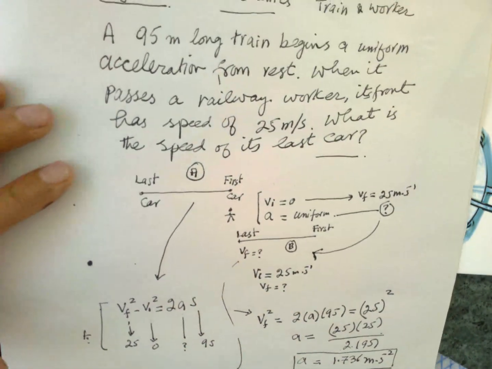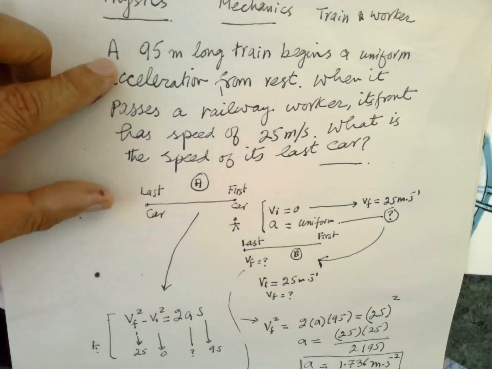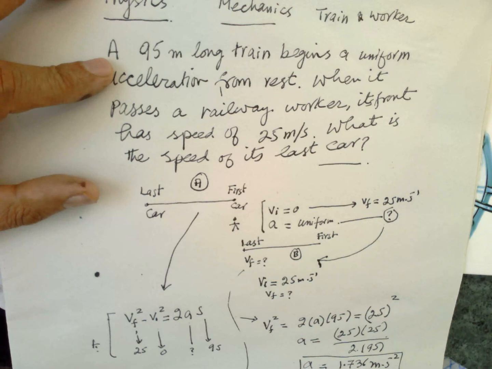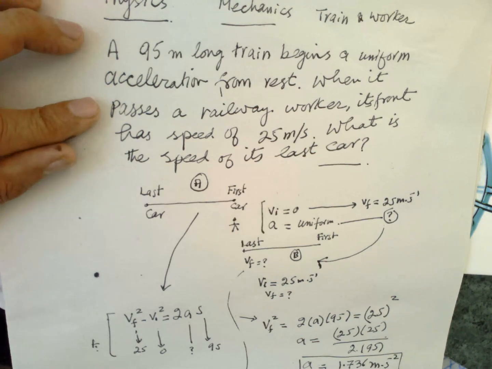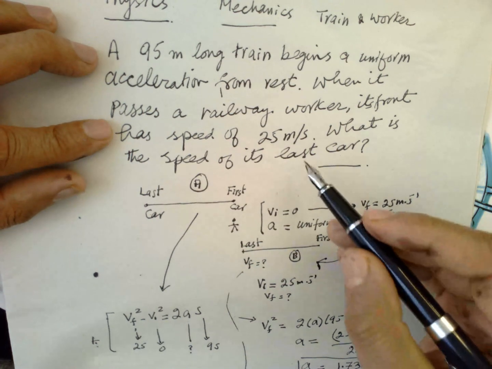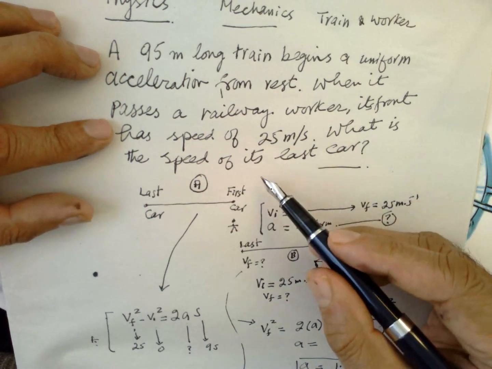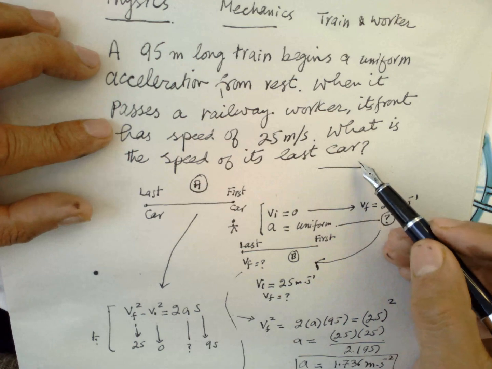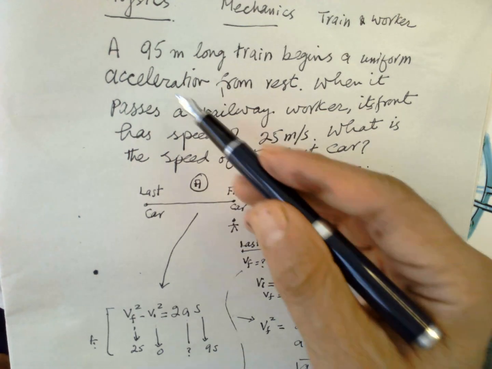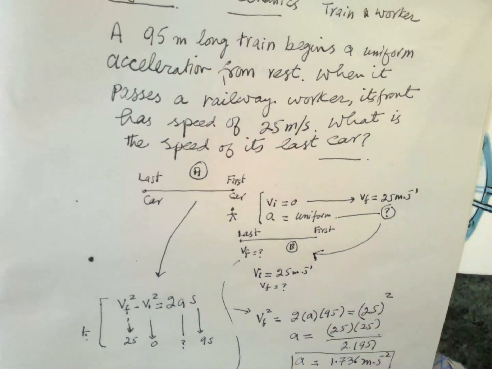The question states a 95-meter long train begins a uniform acceleration from rest. When it passes a railway worker, its front has a speed of 25 meters per second. What is the speed of its last car? So we have to find the speed of the last car when the train is 95 meters long.